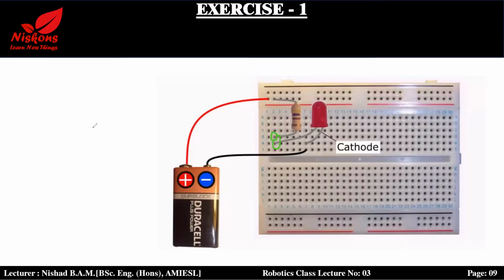So this is the battery, this is the resistor, and then you connect a switch, and then the LED bulb. That way, if you turn on the switch, the bulb will be turned on. If you turn off the switch, the bulb will be turned off, right?